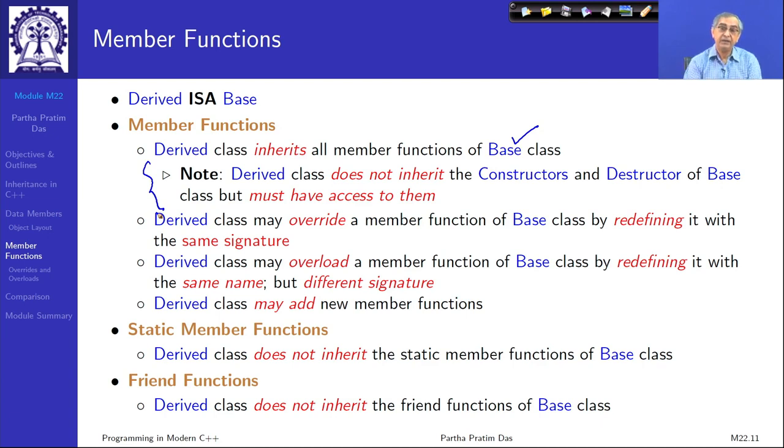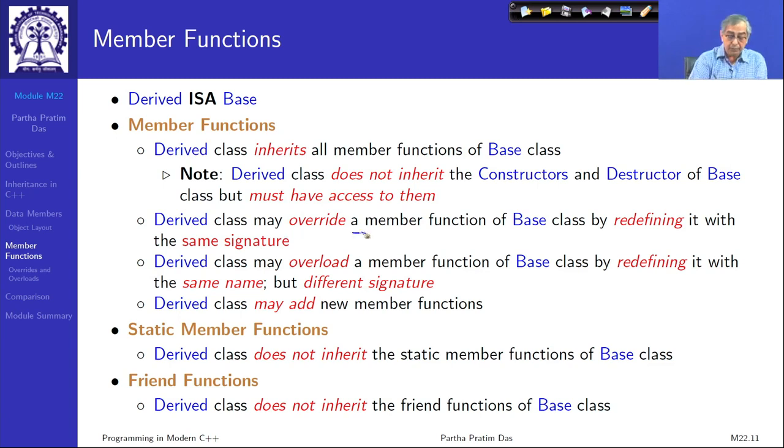The constructor of the base class will be called base, the destructor will be called tilde base. So, they are not inherited in the way that you can use them as base class functions, but you must have access to them, because unless you have access to them, you will not be able to construct the base part of the derived class object. We will see more of this when we go into construction and destruction.